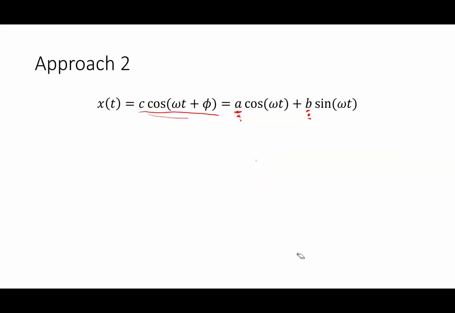Well, I know a trig identity that I can apply here. No one probably remembers what it is, but if I had cosine of A plus B, there is a trig identity for that, which I can look up. Any idea what it might be?